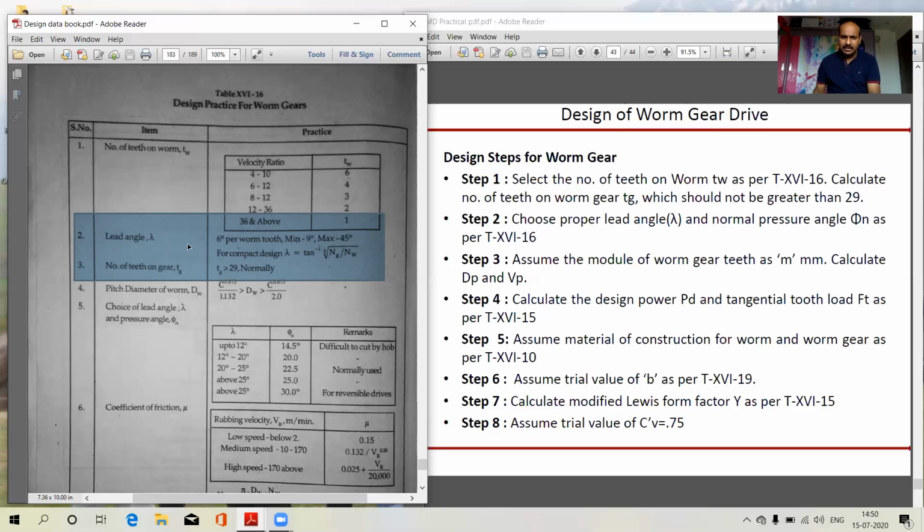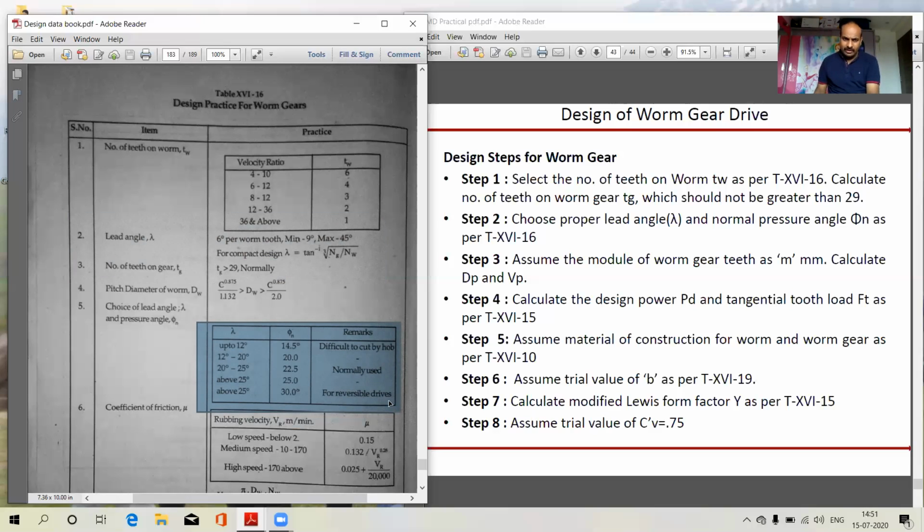At the same time, you have to select the pressure angle also, denoted by phi. Normal pressure angle, that is phi with suffix n for normal. On serial number 5 in the same data book, on the same page, you will find the pressure angle phi n.